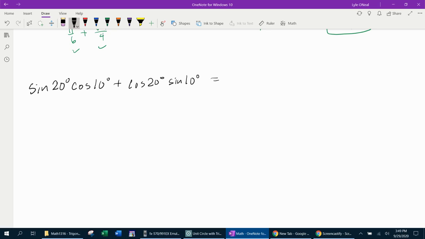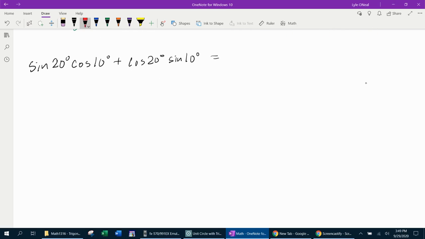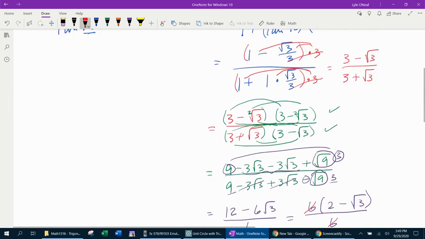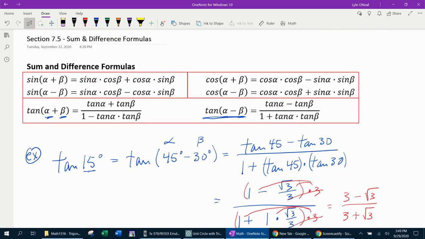Obviously, one thing you could do is just plug that all in the calculator, but if they want you to use a sum or difference formula, you're going to have to apply the correct formula, okay? So here's a couple of characteristics to look for. First of all, the sine and cosine alternate, and we do have a plus, okay? So this is going to be alpha and beta, and we just need to find the appropriate formula. So if we scroll up, we can see that for the sine sum and difference, the sine and cosine do alternate.